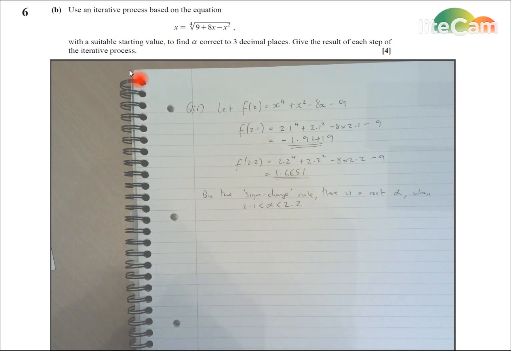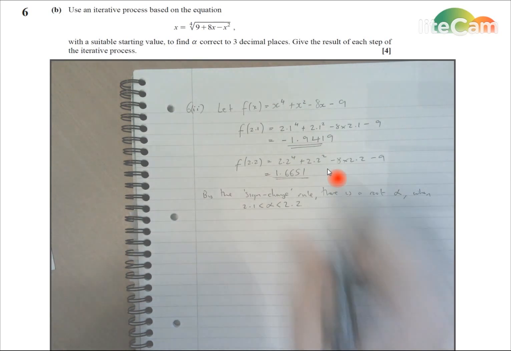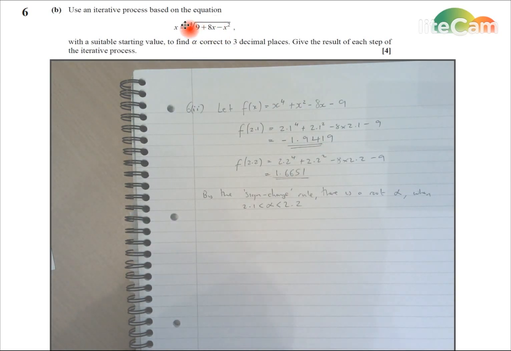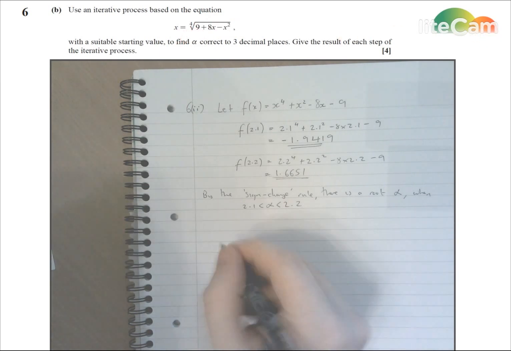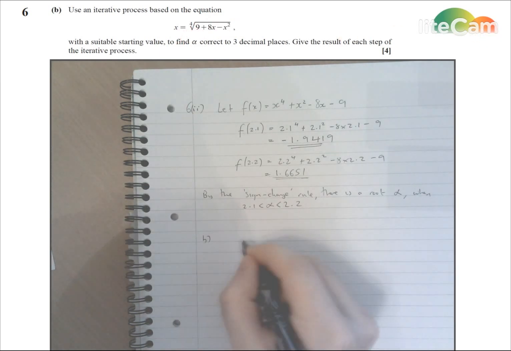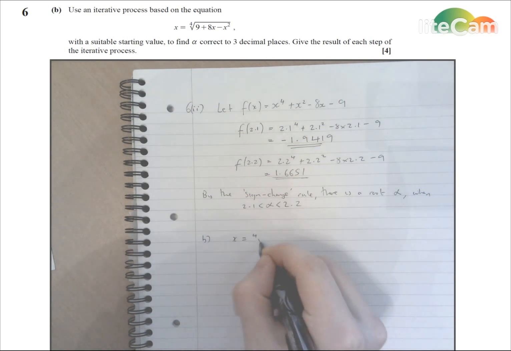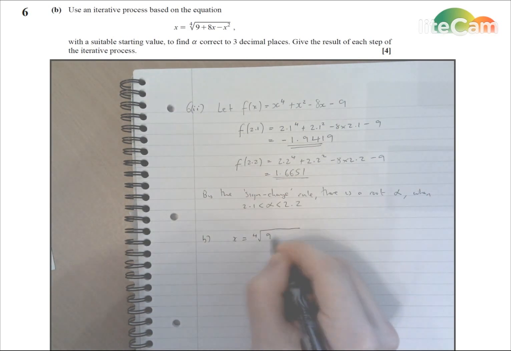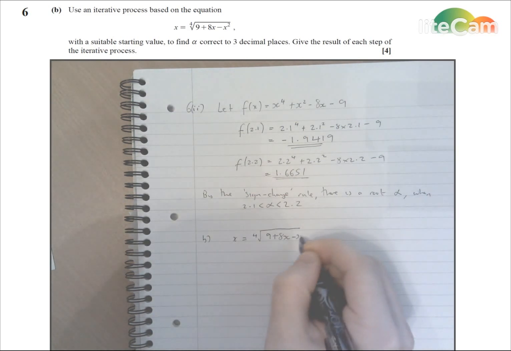Give the result of each step of the iterative process. So, this question doesn't ask us to do that, but if we rearrange this formula, we can actually get this. Okay, so we'll start there by saying x equals the fourth root of 9 plus 8x minus x squared.